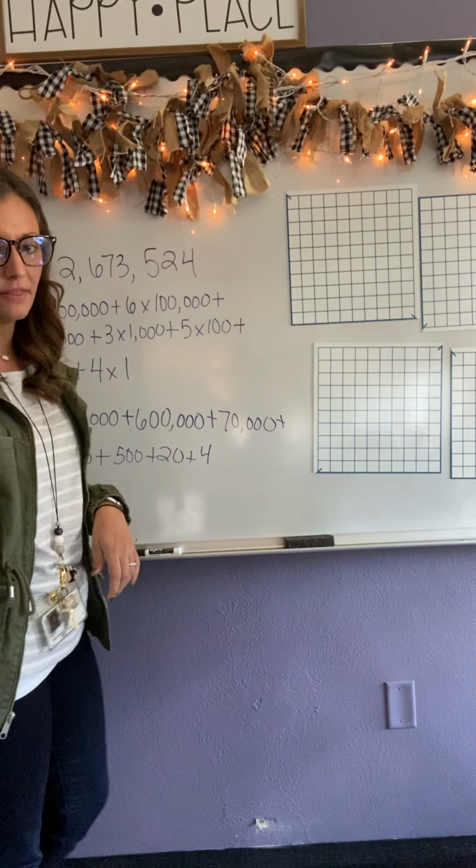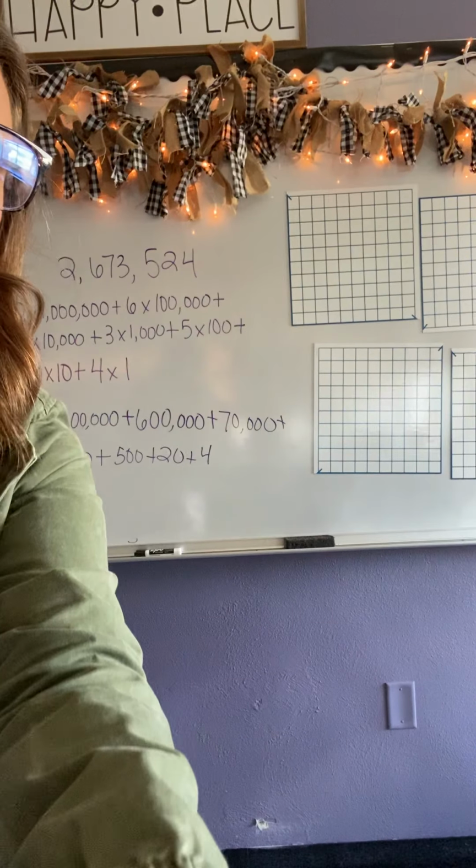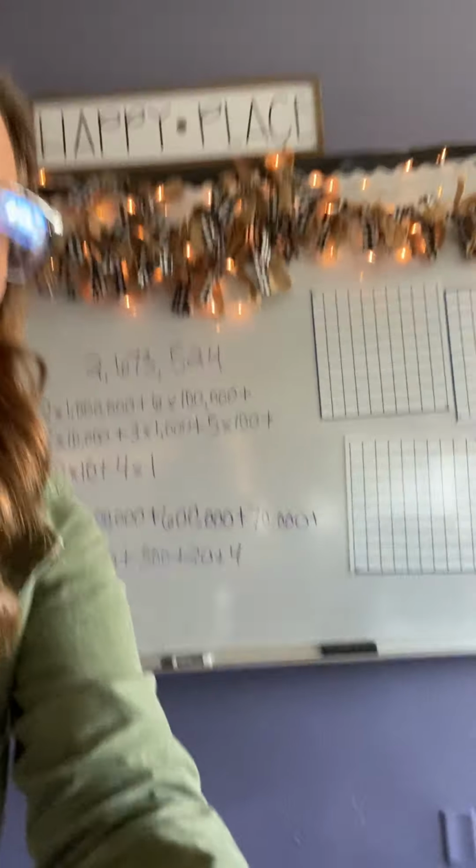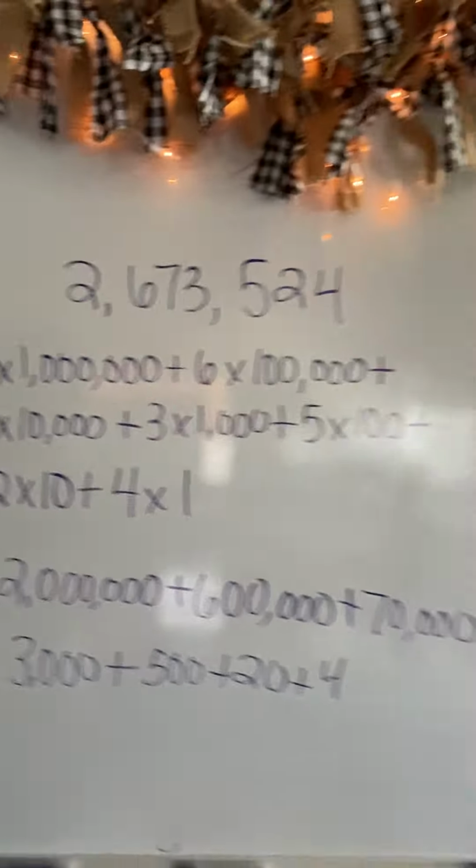That is the other way that you can write expanded form. And I will slide the camera up so it's a little bit easier for you to see that, so you can check your papers.